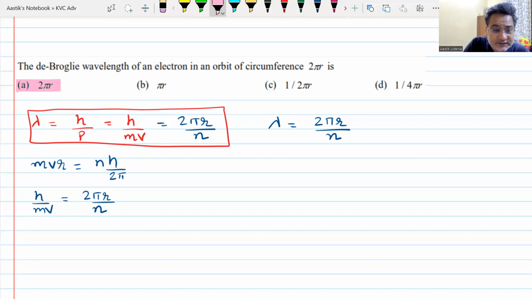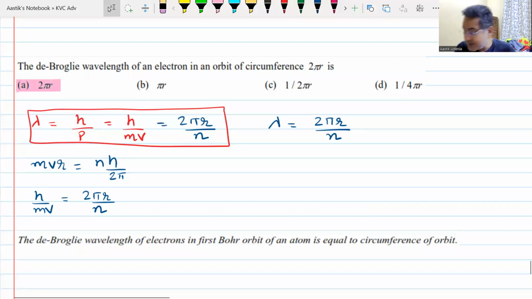So this gives us a very important result, that the de Broglie wavelength of electron in the first Bohr orbit will be equal to the circumference of the orbit. You just have to find out the value of mv, and that will end up with your result.